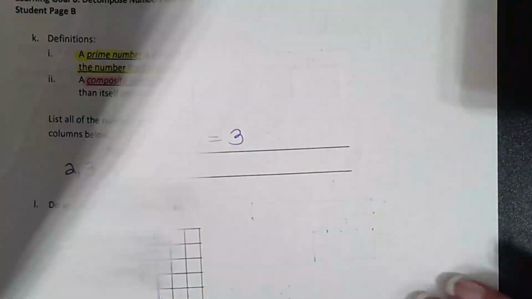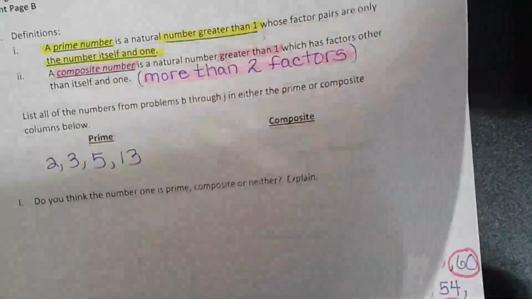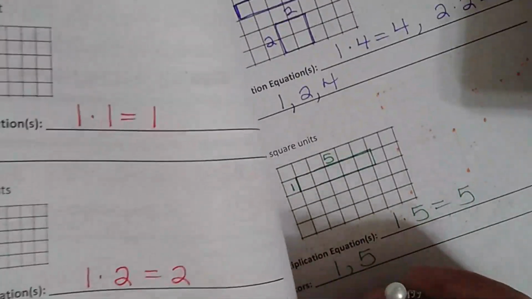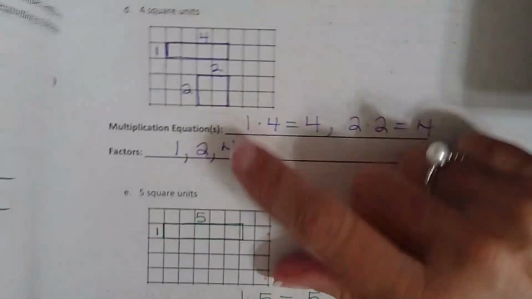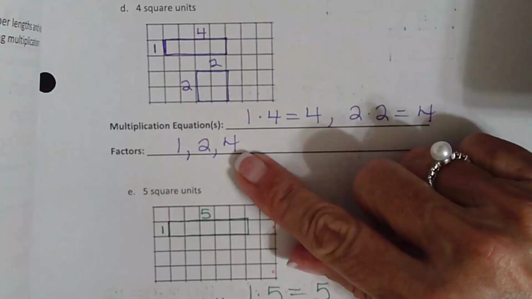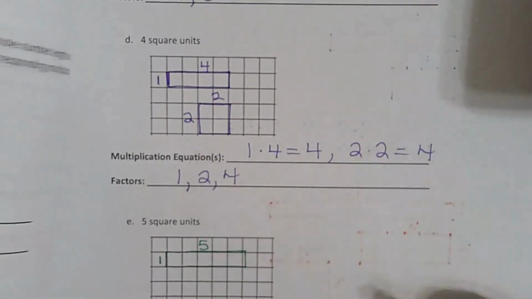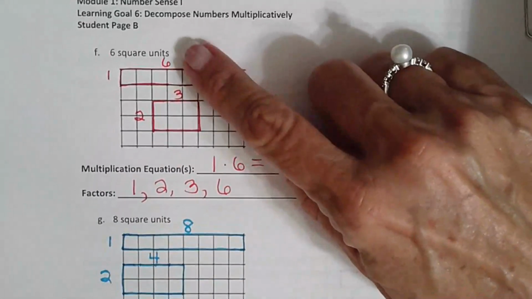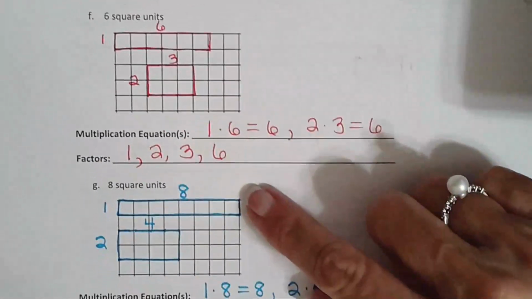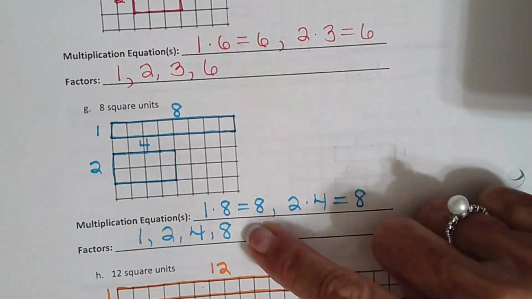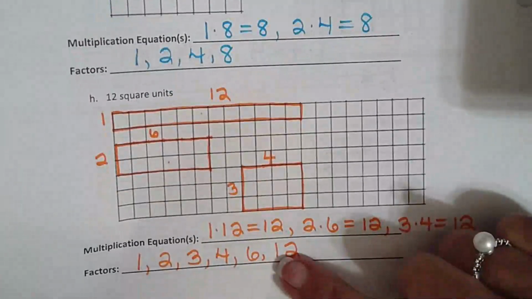Okay, composite numbers. So only 2 factors, not composite. Oh, there's our first one. That was 4. So memorize these. This one's prime. Oops, here's a whole bunch of composites. 6, more than 2 factors. 8, more than 2 factors. 12.